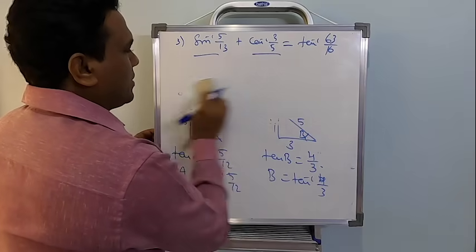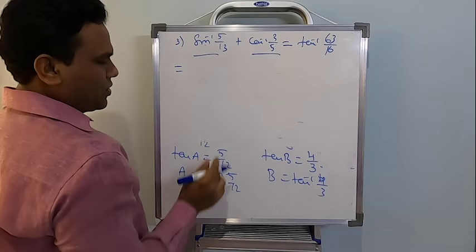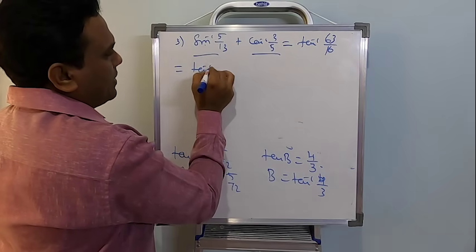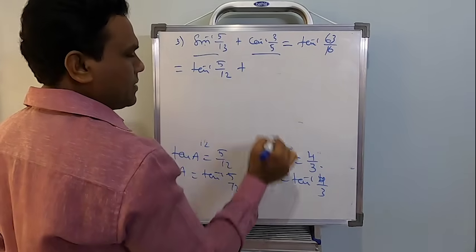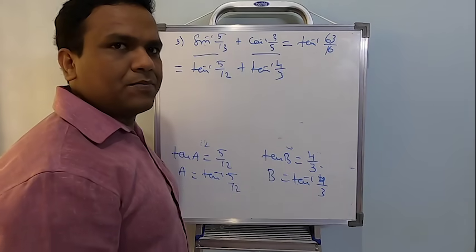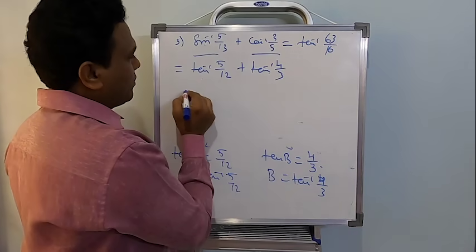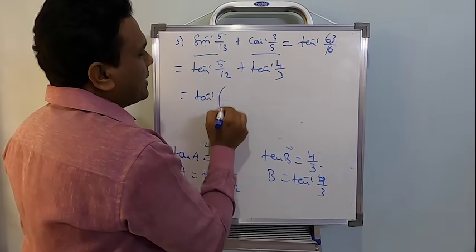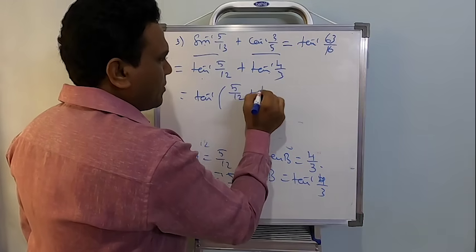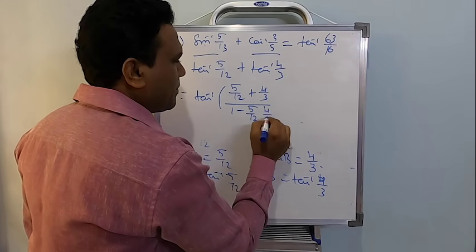Okay, so let us start simplifying this. Now the LHS first term can be replaced by tan inverse 5 by 12, plus the second term can be replaced by tan inverse 4 by 3. Now apply the formula of tan inverse x plus tan inverse y. The formula is given by tan inverse of x plus y by 1 minus x multiplied by y.